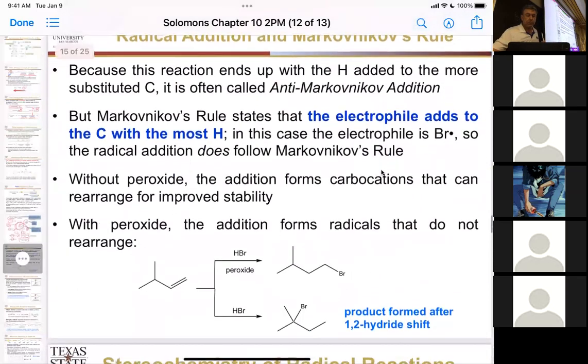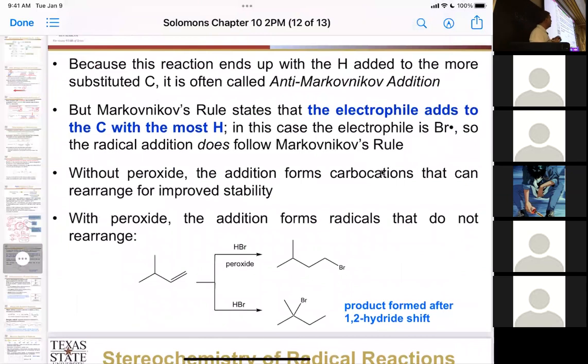So now, in the presence of our peroxide, the hydrogen adds on the more substituted carbon. So it's anti-Markovnikov. Seems that way, right? However, in Markovnikov's rule, the real rule, if you read his description of it, the electrophile adds to the carbon with the most hydrogens.